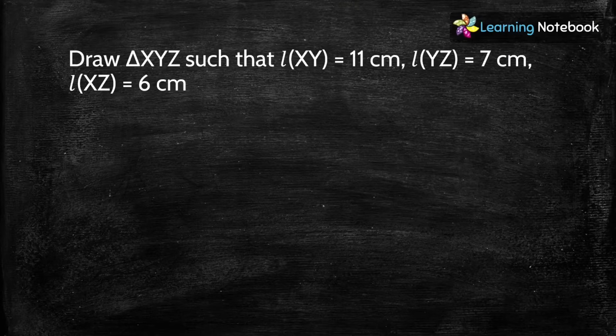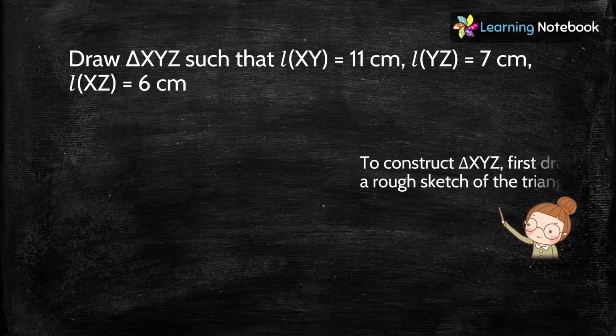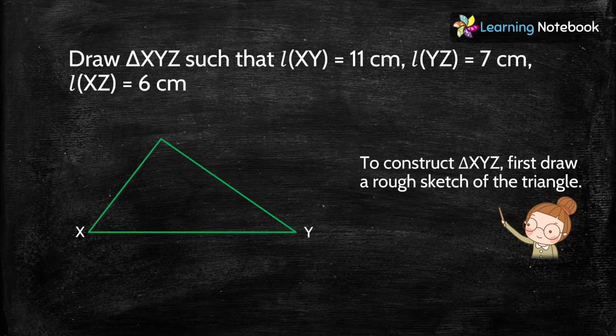Students, before constructing any building, the structure of the building is first drawn on paper. It becomes easier to construct the building from this drawing. In a similar way, a rough sketch of a geometrical construction makes it easier to draw the required figure. So let's first draw a rough sketch of the triangle XYZ.